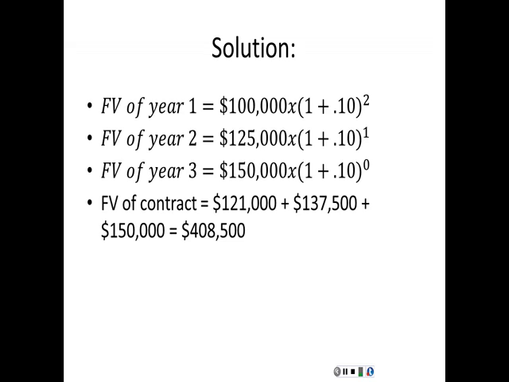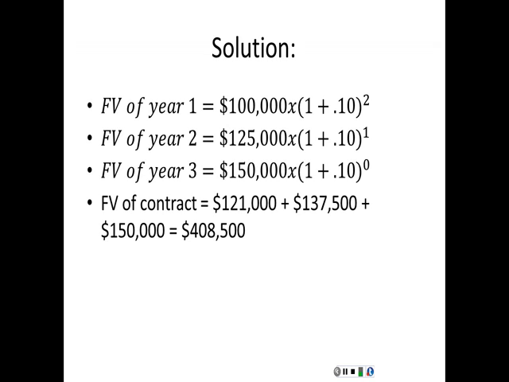so let's solve for the value of our contract at year 3. Notice we take the first year and we compound it twice, because if you look at the timeline, there's 2 years of interest between year 1 and year 3. So the $100,000 would earn 10% twice. Looking at year 2, we get $125,000, but it's only 1 year away from the end of the contract, so you'll just earn 1 plus 10%, or 1 compound period.